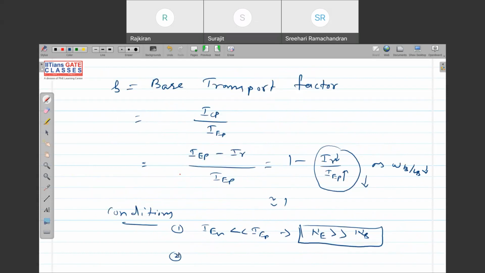What is the second condition? Tell me. The base transfer factor should be, after recombination, the amount of carriers that reach WB... Surajit, your voice is not audible, it is breaking.